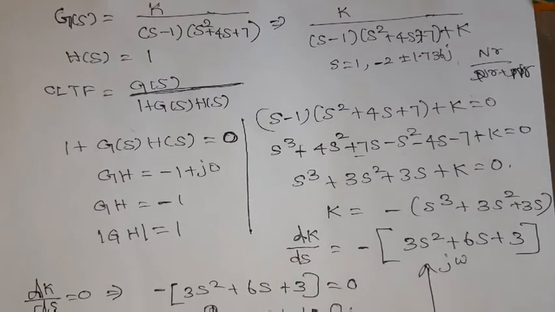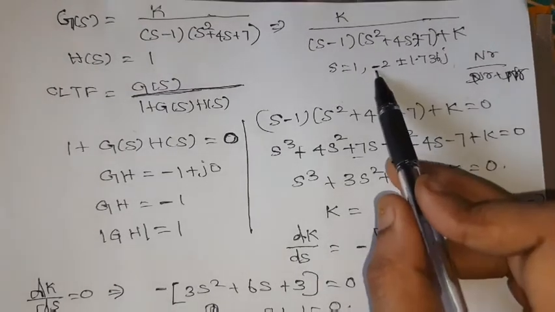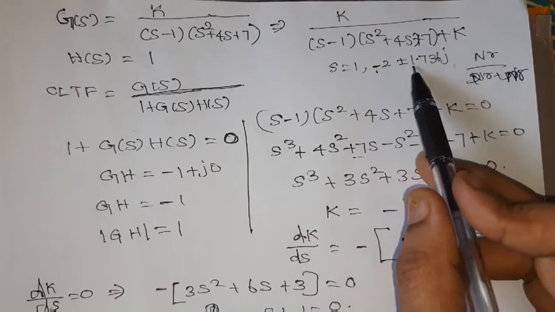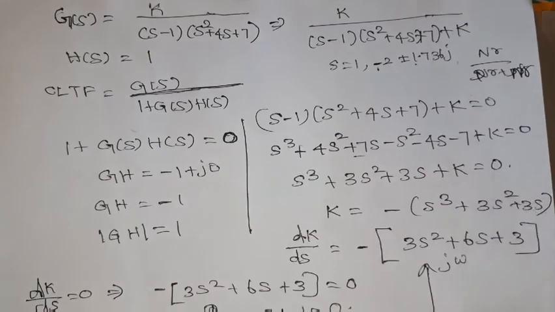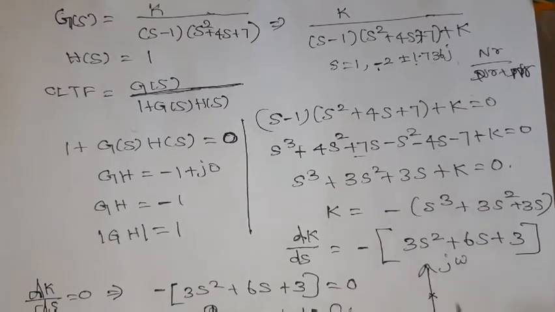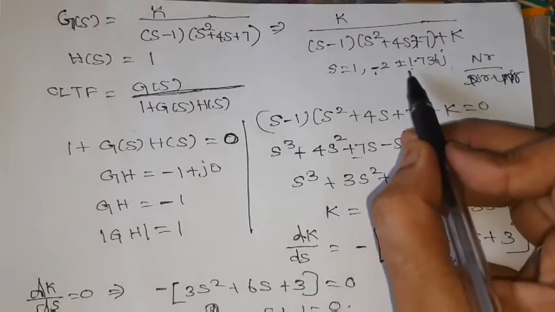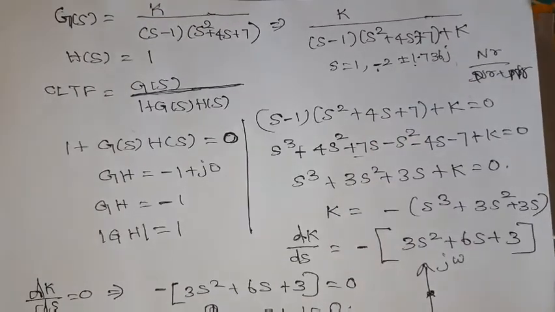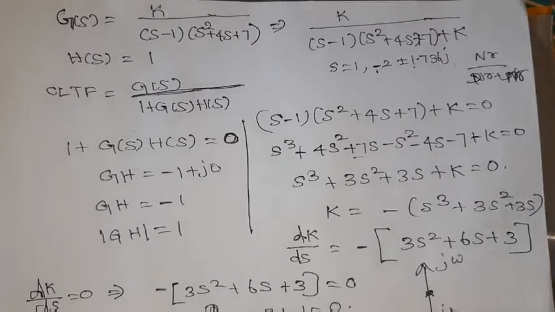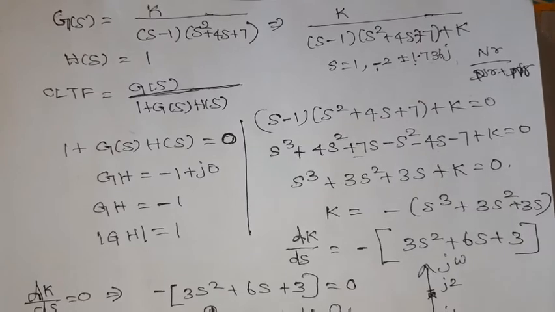Next, one more pole, minus 2 plus 1.736j. This is an imaginary root, some imaginary values here. Say this is j1, j2 like this, and this is minus j1, minus j2.